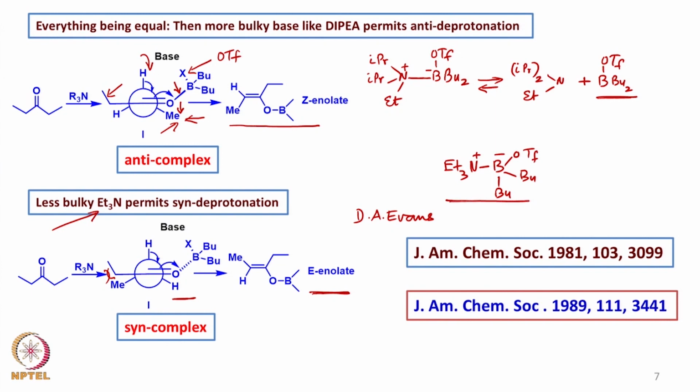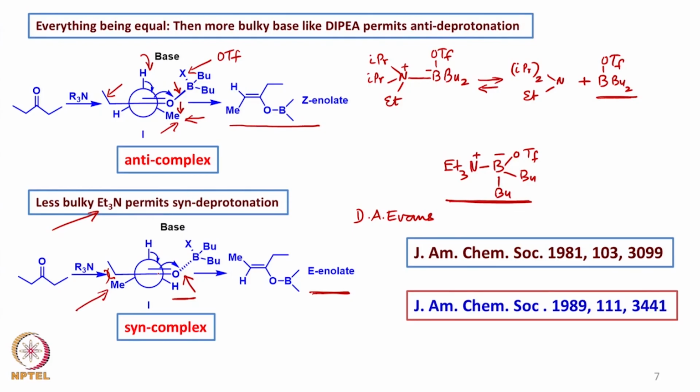This does not dissociate readily, and therefore it remains attached to the nitrogen, and since the base is required for the deprotonation, this particular orientation, that means the oxygen-boron bond is going backside. If it goes backside, then it will have steric hindrance with the methyl group, therefore the methyl group goes away from it and prefers to stay here.